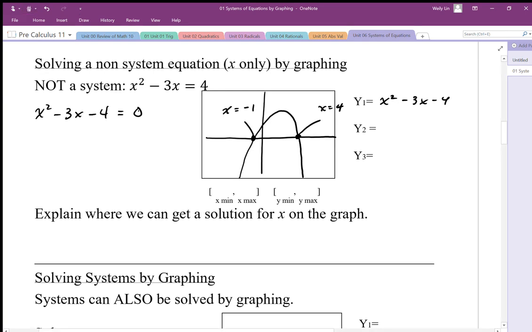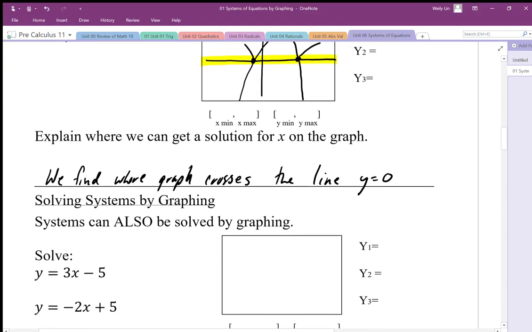So where do we find a solution for x on the graph? We find where the graph crosses the line y equals 0.